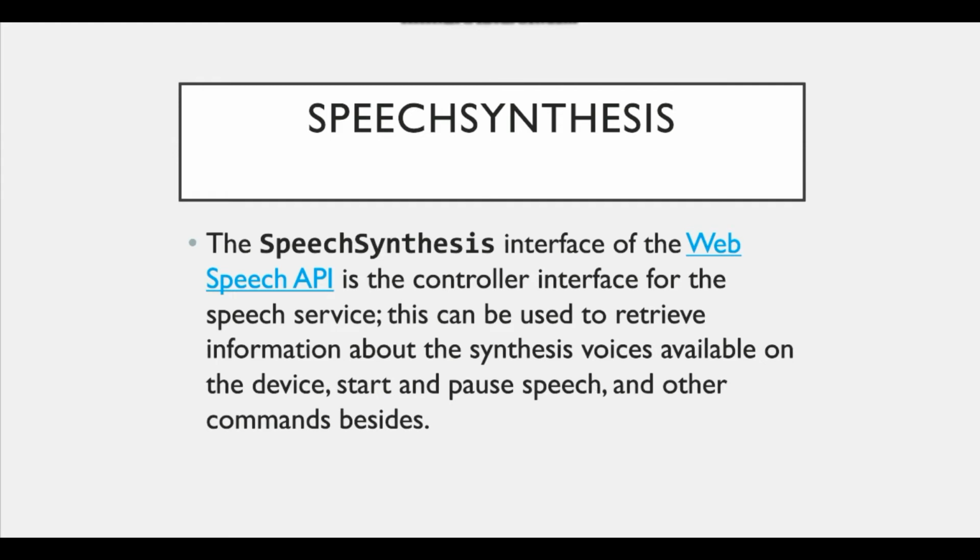The SpeechSynthesis interface of the Web Speech API is the controller interface for the speech service, and it can be used to retrieve information about the synthesis voices available on the device, start and pause speech, and other commands.